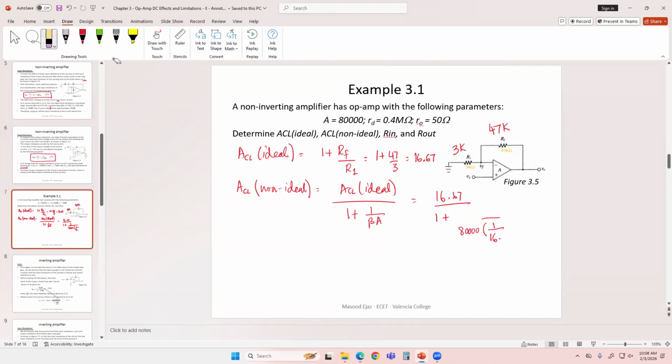So I'm just going to write this down: 16.67 over 800,000. Since 1 over beta is 1 plus RF over R1.